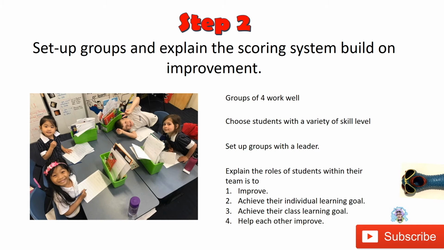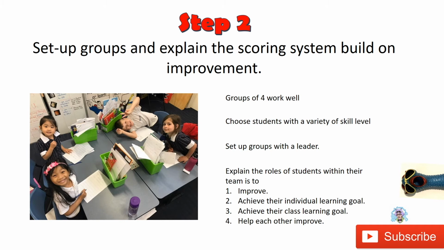Then I set those groups up with students with a variety of skills, normally a student with higher abilities, 2 middle ability students, and then 1 with lower abilities. Then I set up the groups with a leader, and normally I choose the person who is the higher ability or one of the 2 middle ability students.